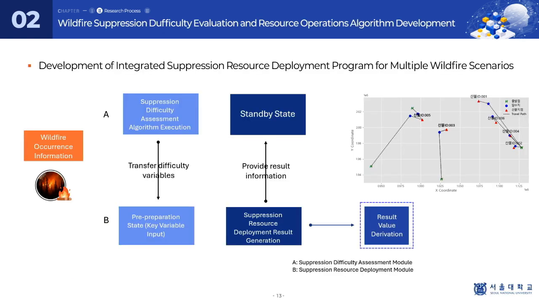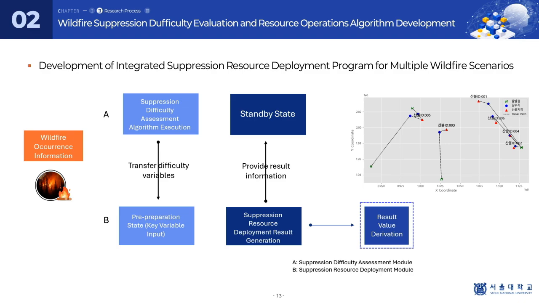Next, we analyzed how to effectively suppress these fires when they occur. In Korea, helicopters are our primary firefighting resource. They can reach any location nationwide within 35 minutes from the nearest airbase.